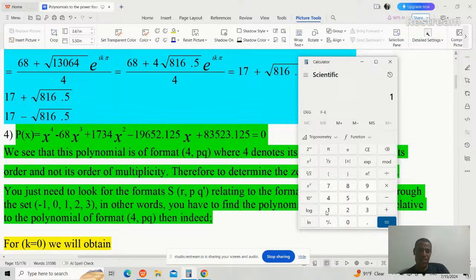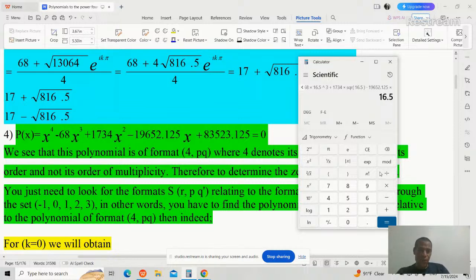16.5 raised to the power 4, minus 68 times 16.5 raised to the power 3, because this one is to the power 3, plus 1,734 times 16.5 squared, minus 19,652.125 times 16.5.